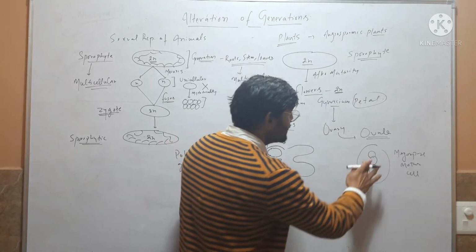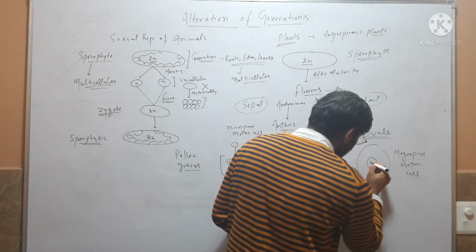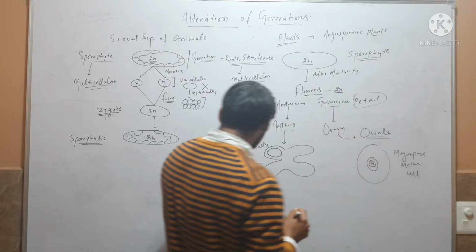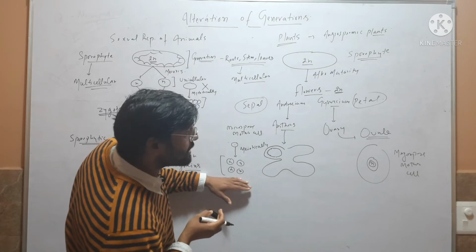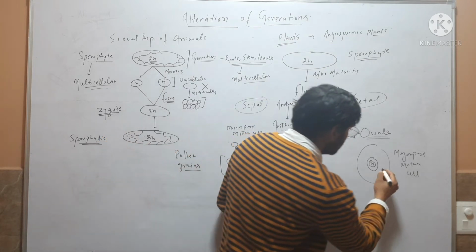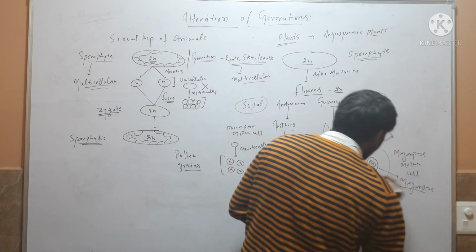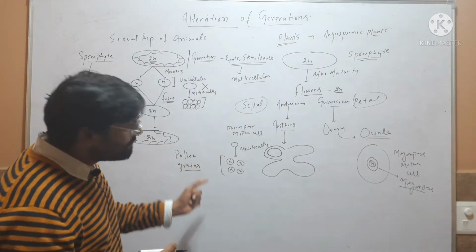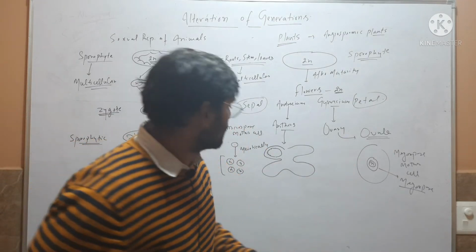Out of the 4 cells, 3 will degenerate and only 1 remains functional, which is haploid. So the pollen grains are haploid and the megaspore is haploid. Then they will divide mitotically to form a multicellular body.